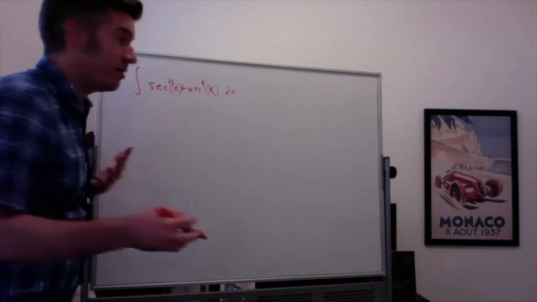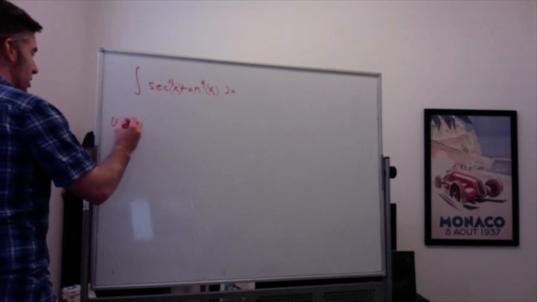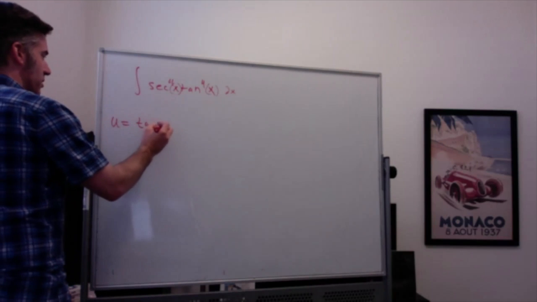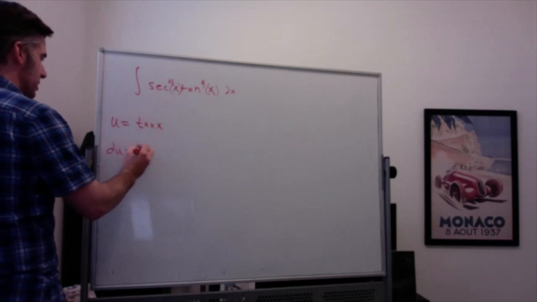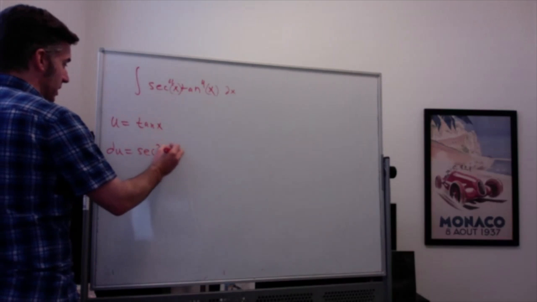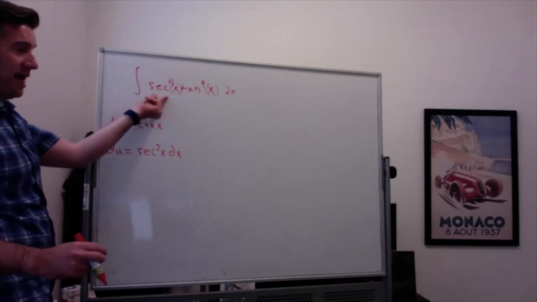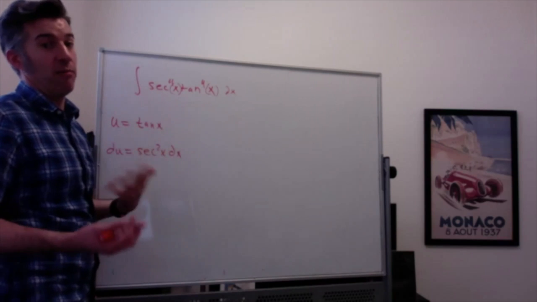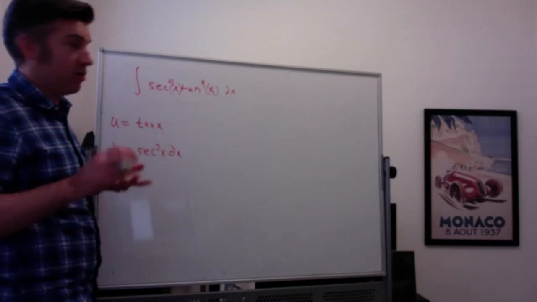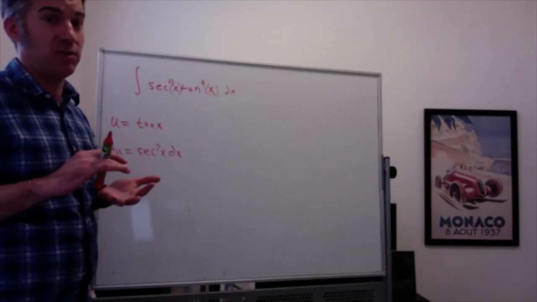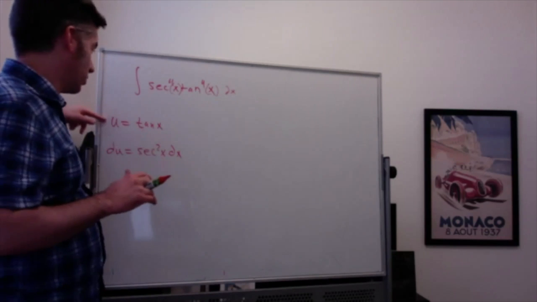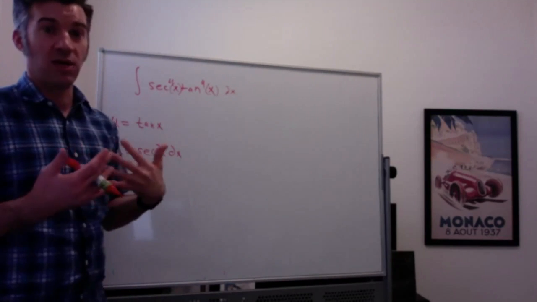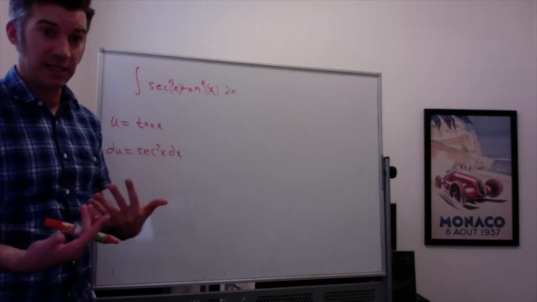On the other hand, if I let u equal tangent of x, then my du is secant squared x dx. And then when I take that out from my secant to the 4th, there's still going to be an even power of secant left over. So you're always trying to leave yourself with even powers of your trig functions that are not your choice for u, because those are going to lend themselves to nice trig identities.